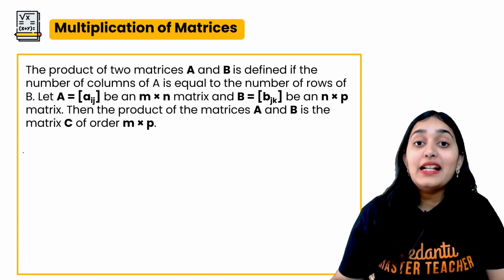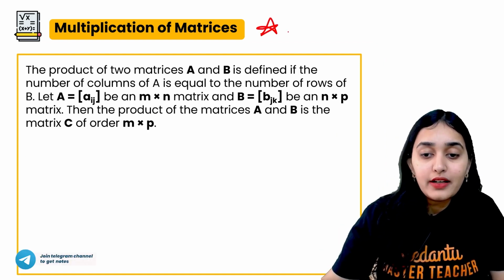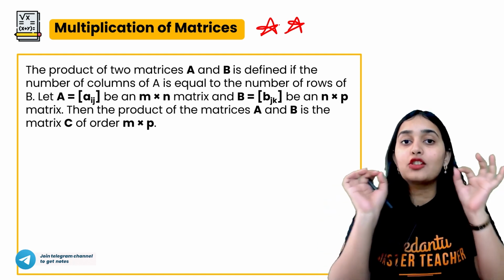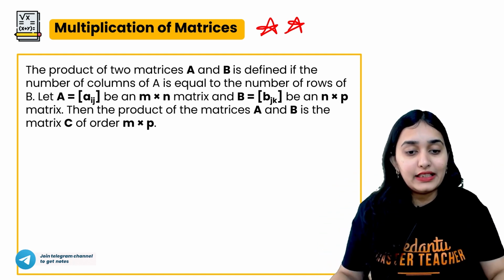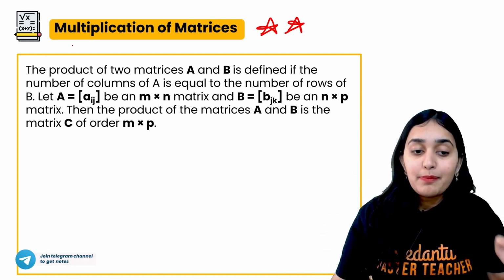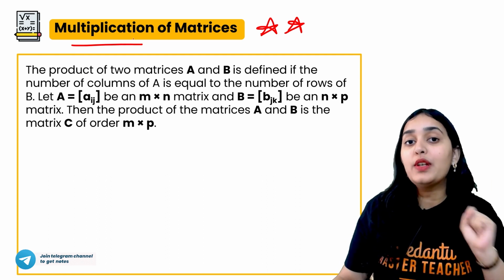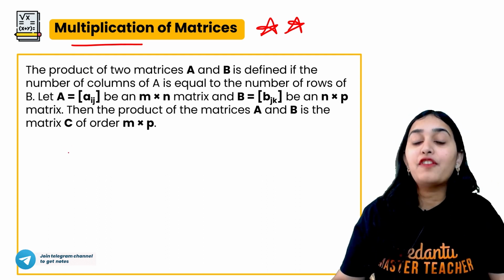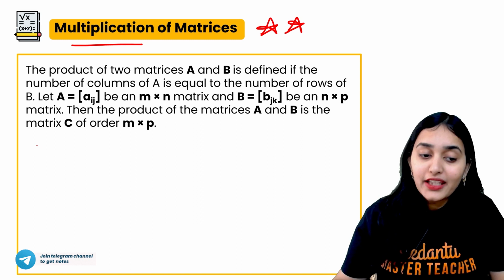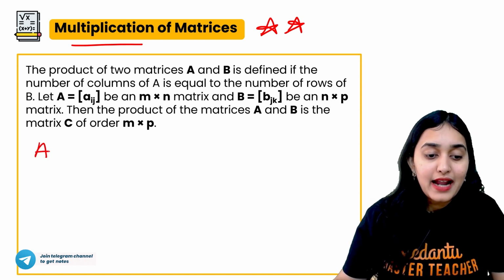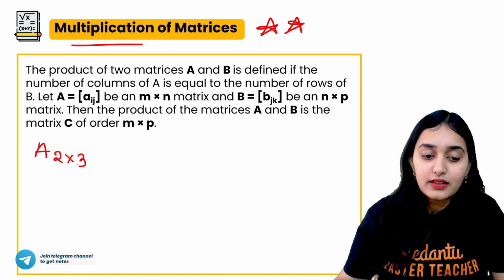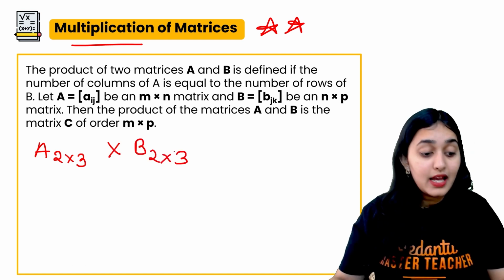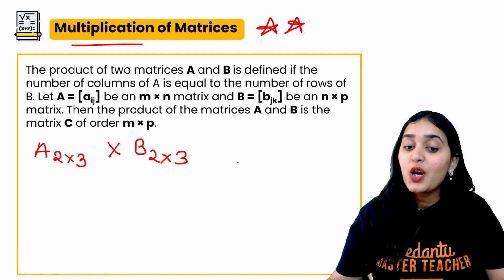Next, multiplication. Now this is important, a little tricky, so just observe carefully. For multiplication, there is a rule. In the exam, if they ask you, can you multiply a matrix with order 2 cross 3 with a matrix of order 2 cross 3? Can you multiply them?